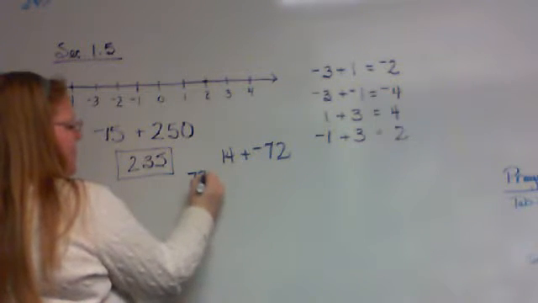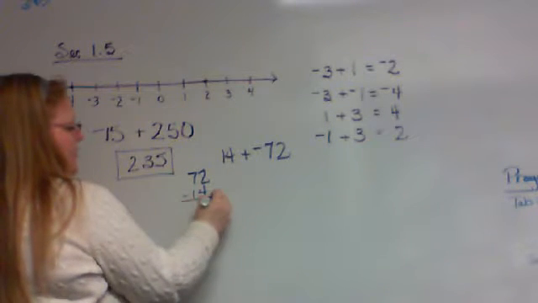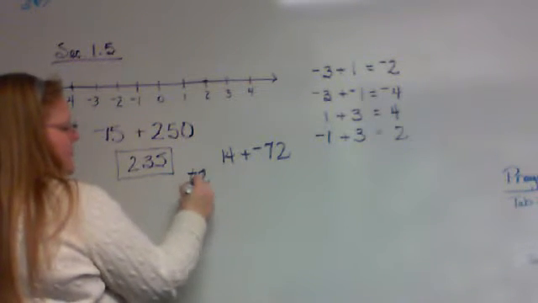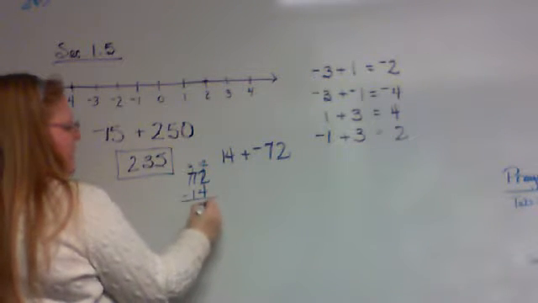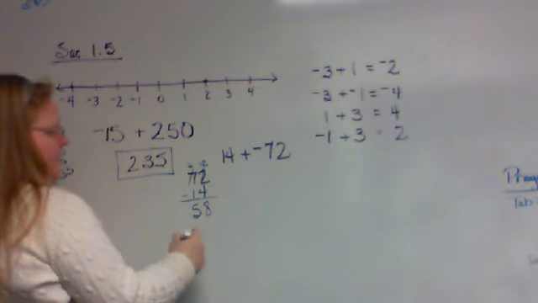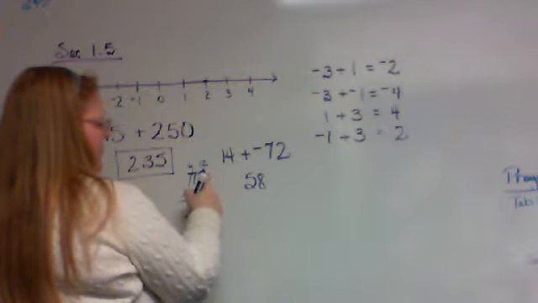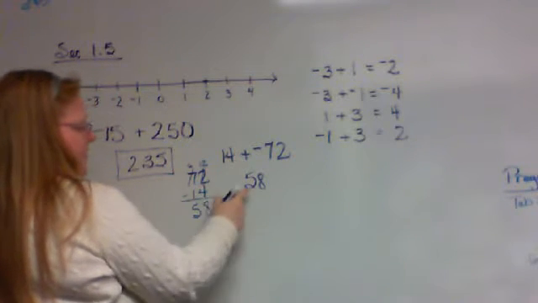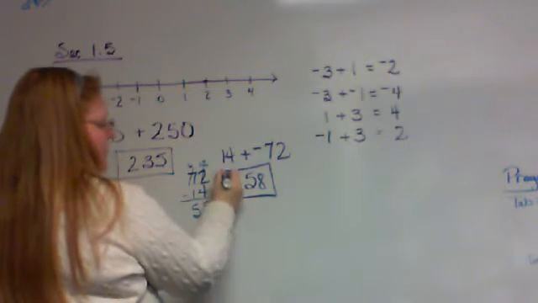It doesn't matter which one was positive or which one was negative. You always need to put your biggest number on top. So that'll be a 12, and that's a 6, and 12 minus 4 is 8, and 6 minus 1 is 5, so that gives me a 58. And then we said 72 is the biggest number, so it must be a negative 58 because it was a negative 72.